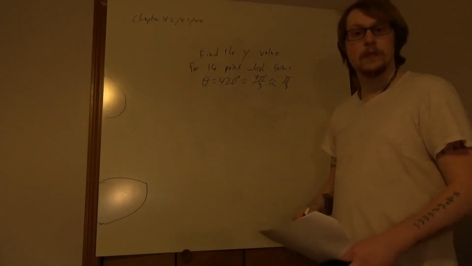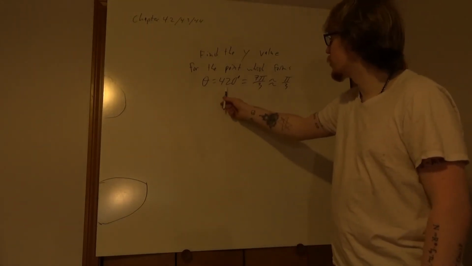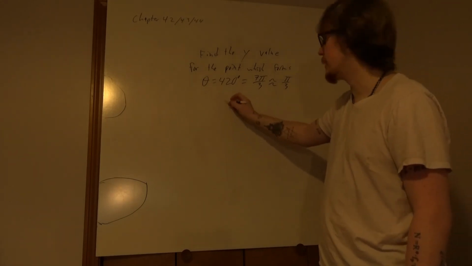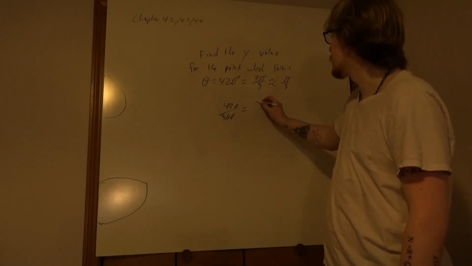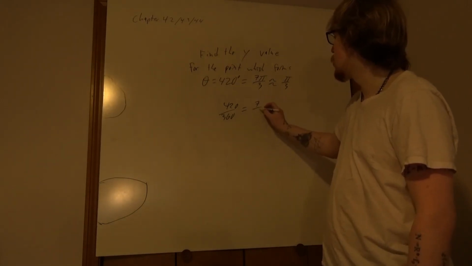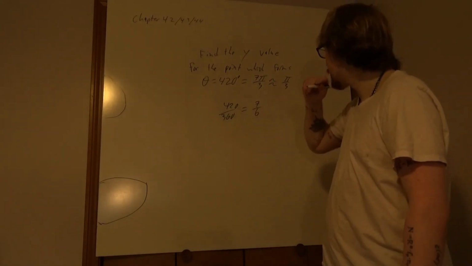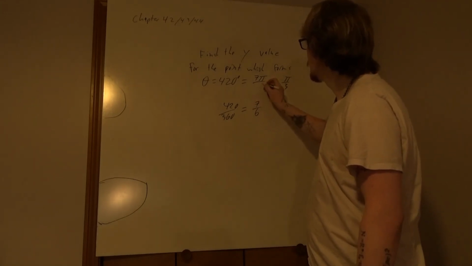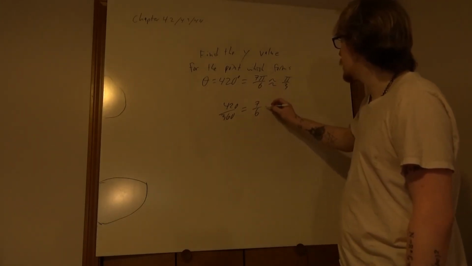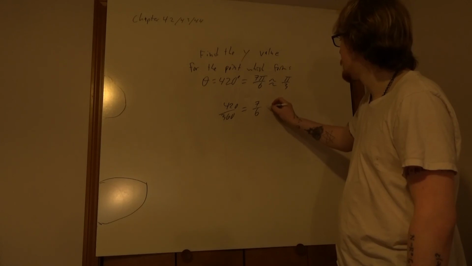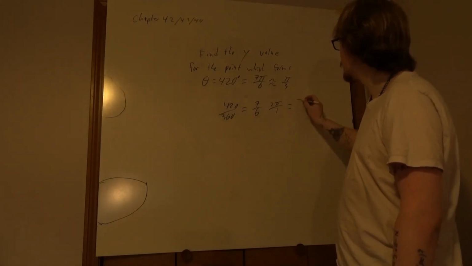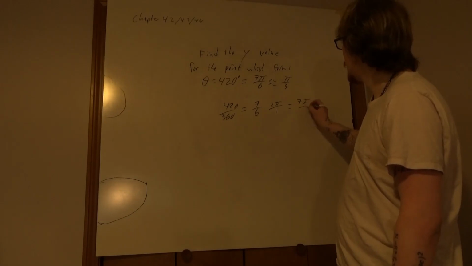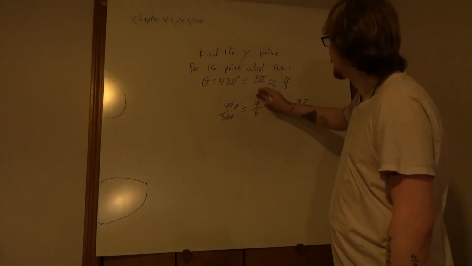My bad. So yeah, 420 degrees, when we convert that into radians, we get 420 over 360, which is going to be the same as 7 over 6. And then when we multiply that by 2 pi, we get 7 pi over 3. So it was over 3.